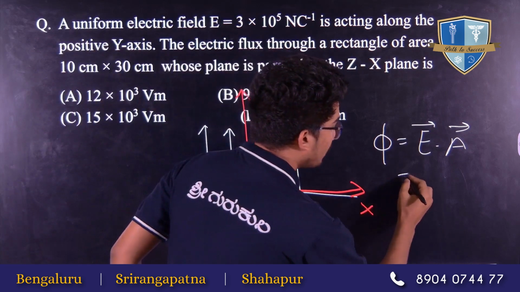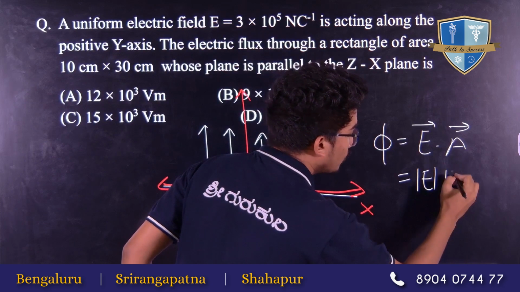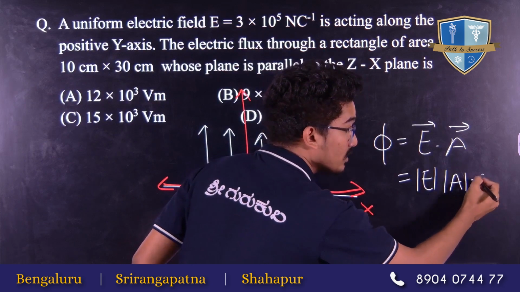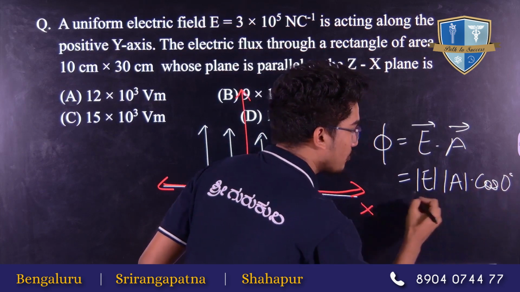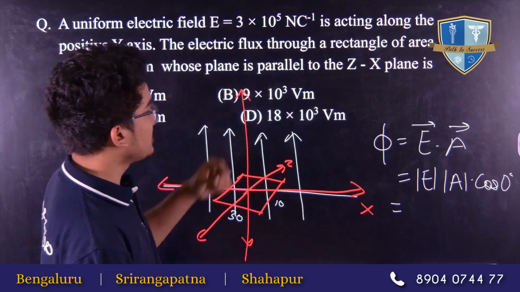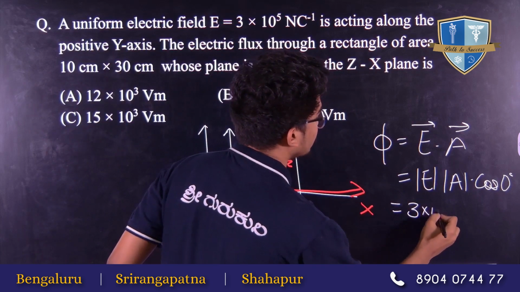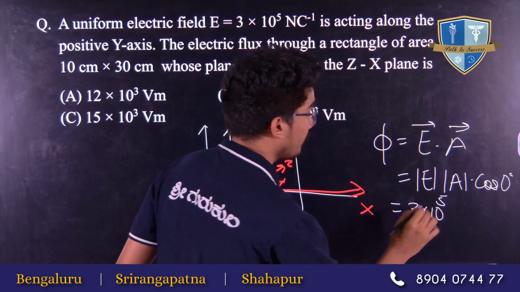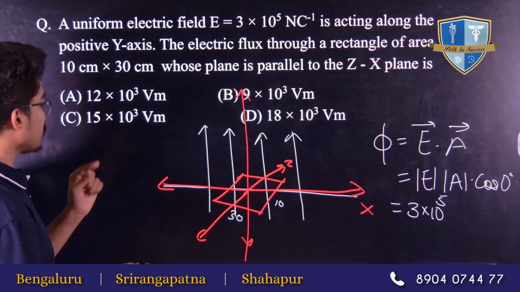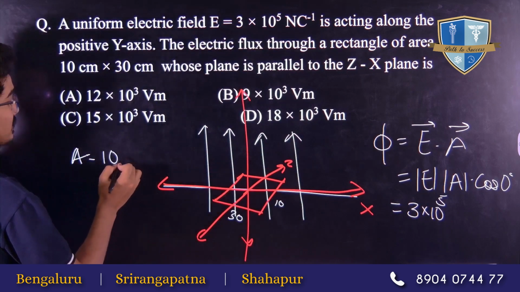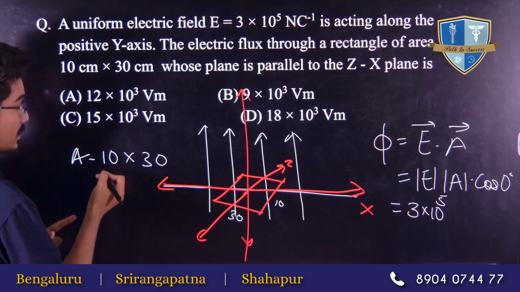So this will be simply equal to the magnitude of the electric field into the magnitude of A into cos 0 degree, which is equal to 1. So the magnitude of E is equal to 3 into 10 to the power 5, and area is equal to 10 centimeter into 30 centimeter. Let's convert this into meters.